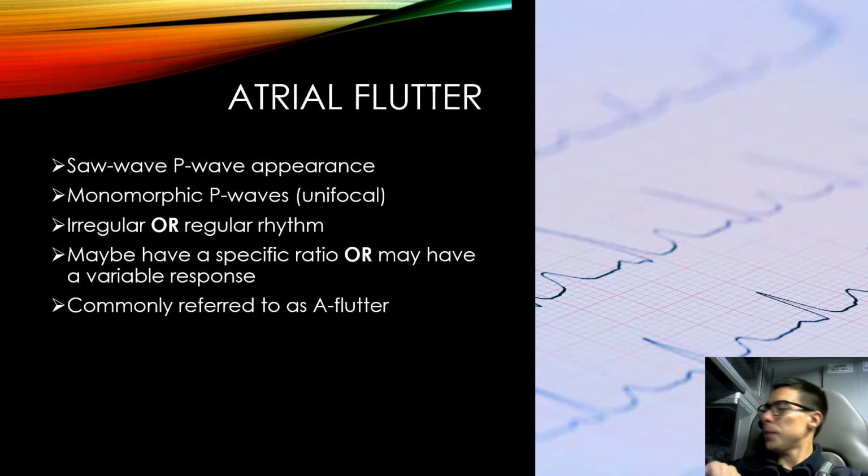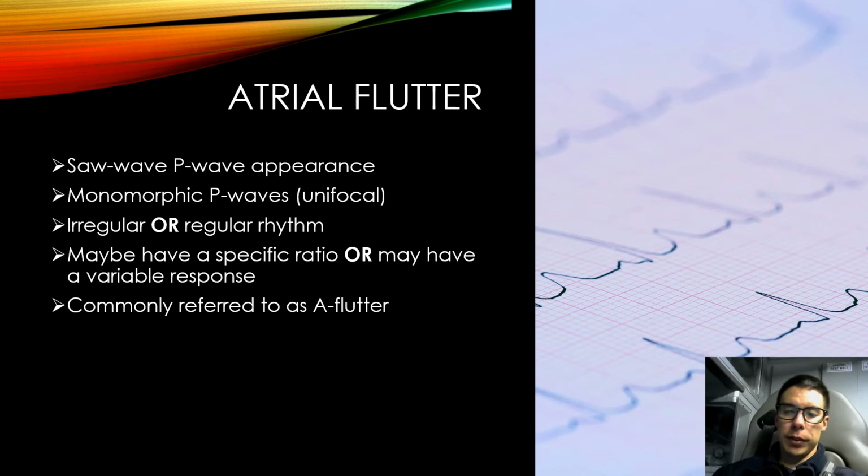So it blocks some of those electrical impulses. If it sees super fast P waves, it's going to block them, and that's why you'll sometimes get that ratio response, because it'll say, I'm only going to let 1 of every 4 of these through, so that way we can keep the heart beating at a safe rate.